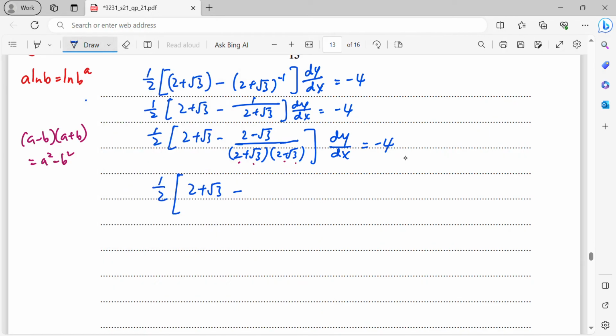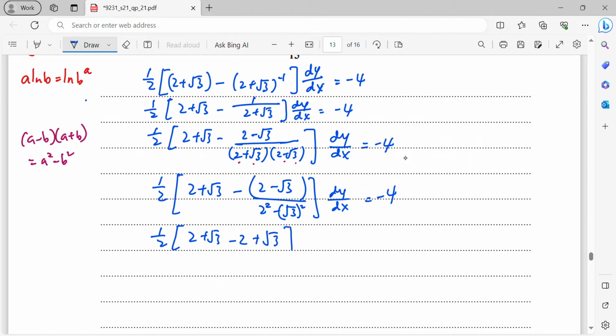Then I will be getting 2 minus root 3 over 2 squared minus root 3 squared. So 2 squared minus 3 is 4 minus 3, which is 1. Which means I will be getting 2 plus root 3 minus, this minus times in, so minus 2 plus root 3. Okay, so we have opened all the brackets.